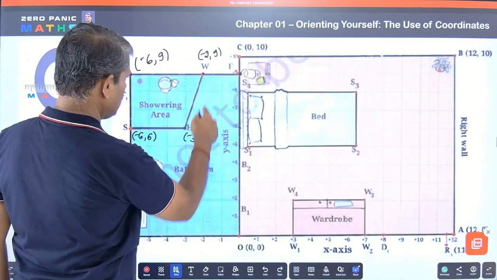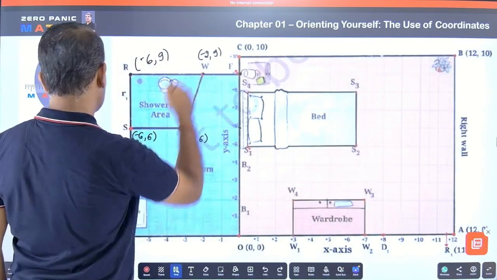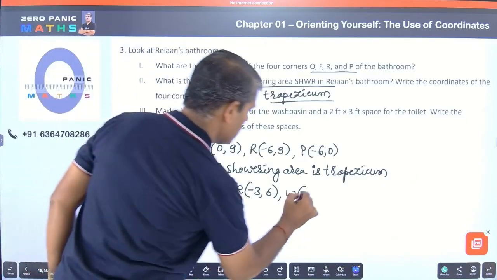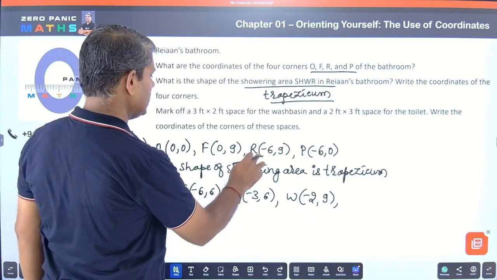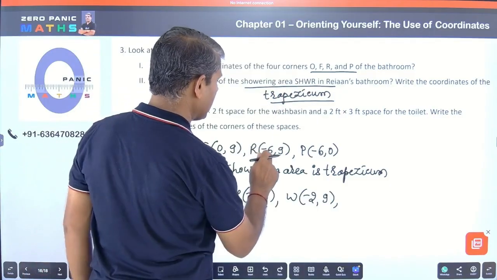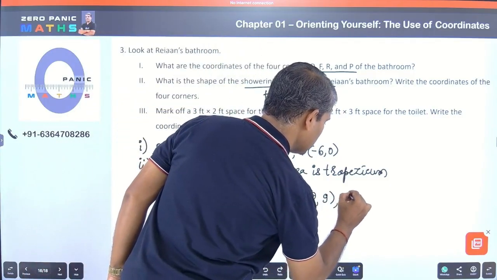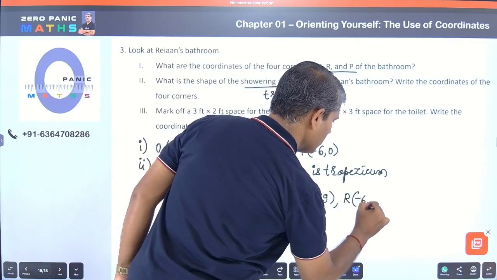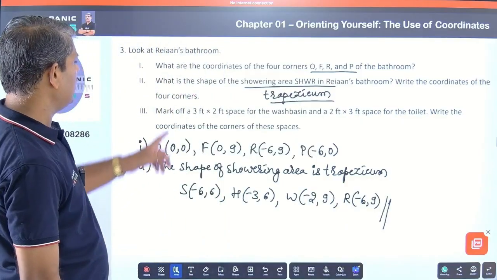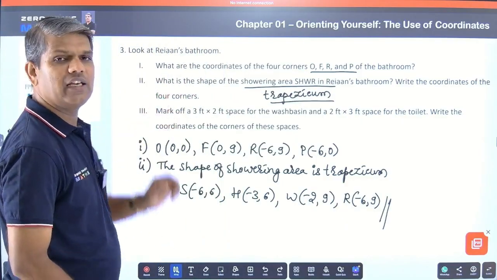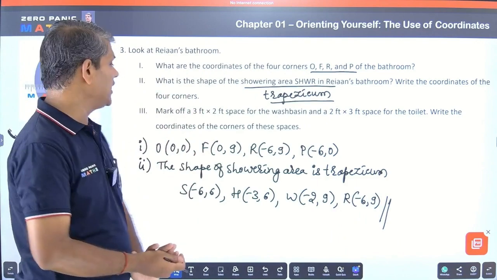W is -2, 9. Finally it is R, which we already know, -6, 9. These are the coordinates of the four corners of the trapezium, which is the showering area.